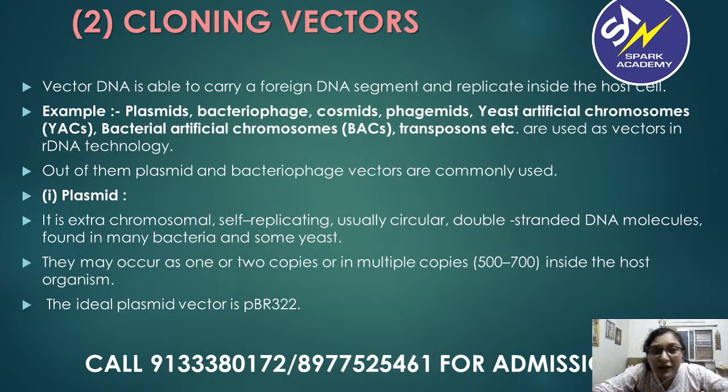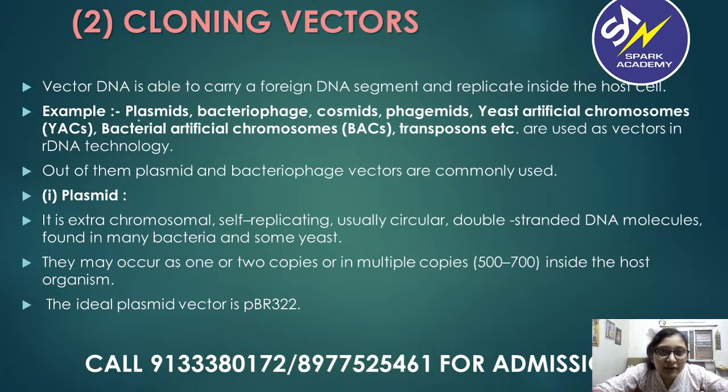Second thing we require in our DNA technology: first it was enzymes, now second it is cloning vector. One of the most important cloning vectors was PBR322, a plasmid.